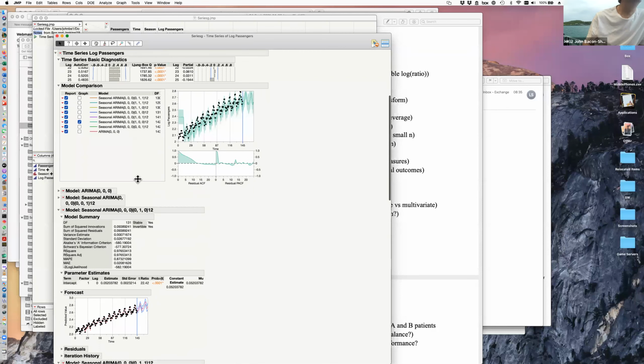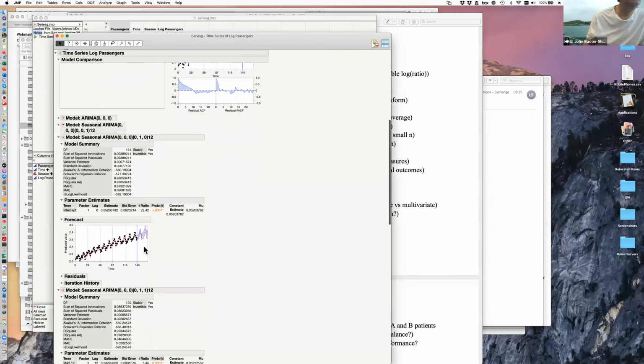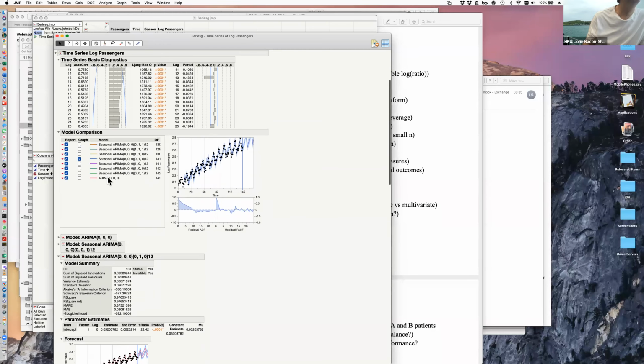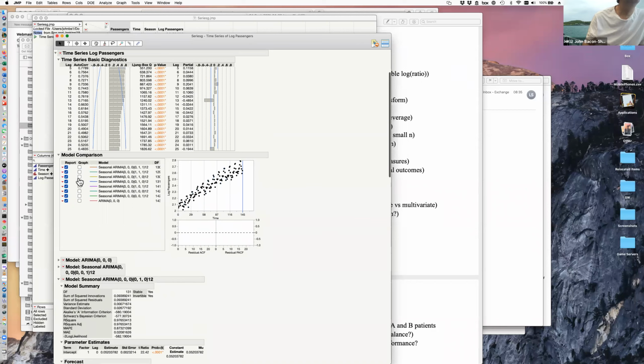So there's the ones I have selected here. So this one is the 010 model, which is this one here. So you can see that one isn't bad at all. That has an AIC of -580. This one is somewhat better, -589, the 011. So let's instead show the 011, which is this one.